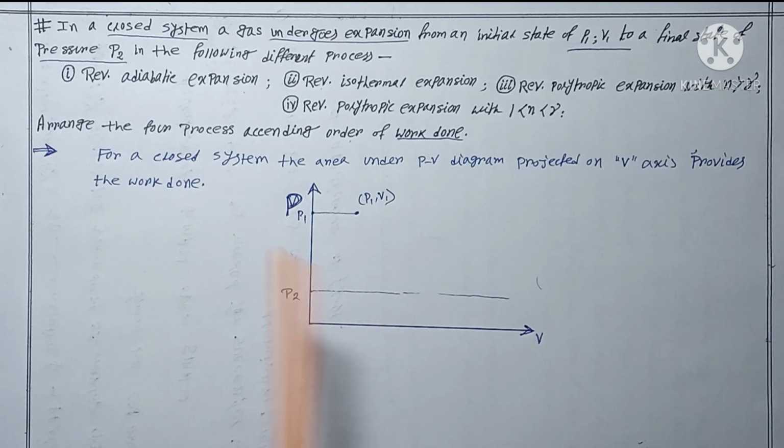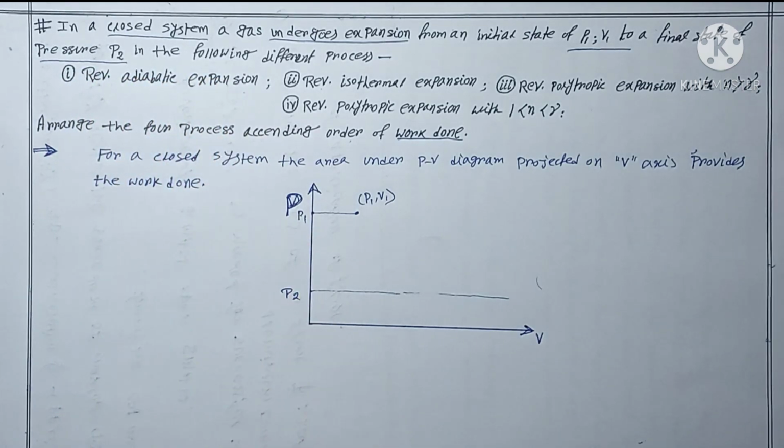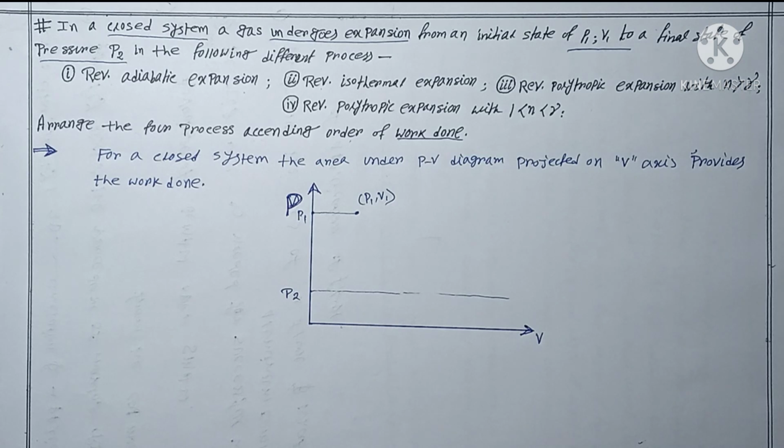The first process is a reversible adiabatic expansion. In the previous video I told you that the index of each process indirectly provides the slope.